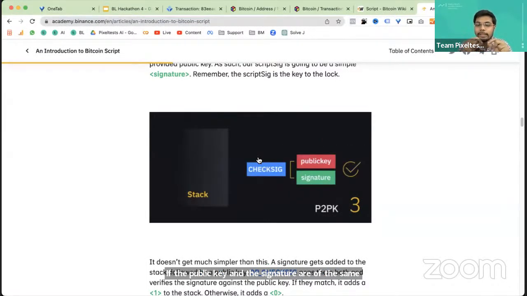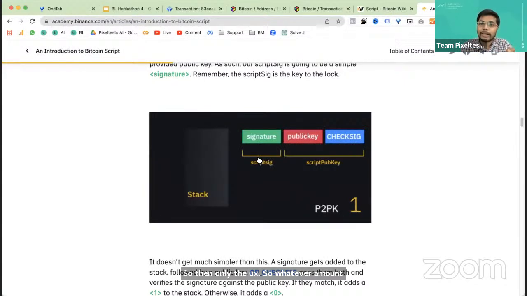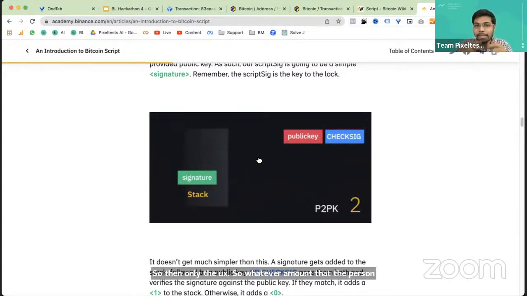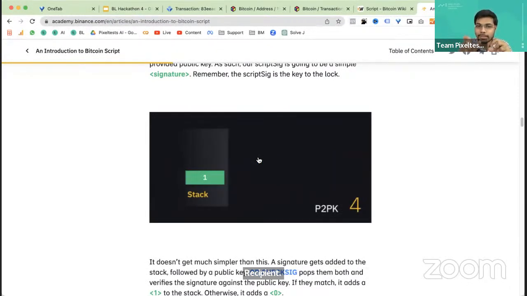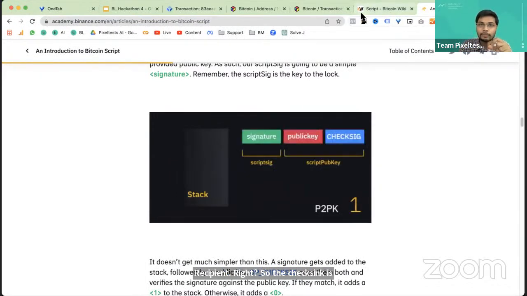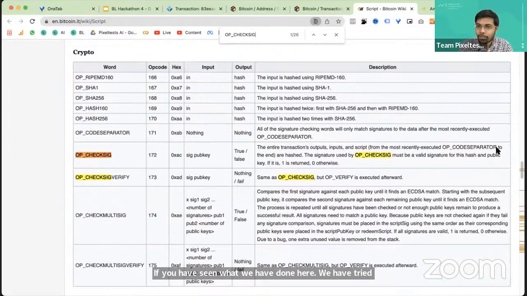Only then is the ownership of the UTXO, whatever amount the person is sending, proved and received by the recipient, right? So checksig is the command. We have tried to understand here what checksig is. It is going to check if the signature and the public key are matching, right?